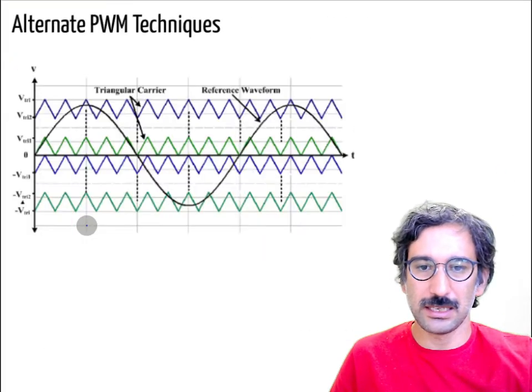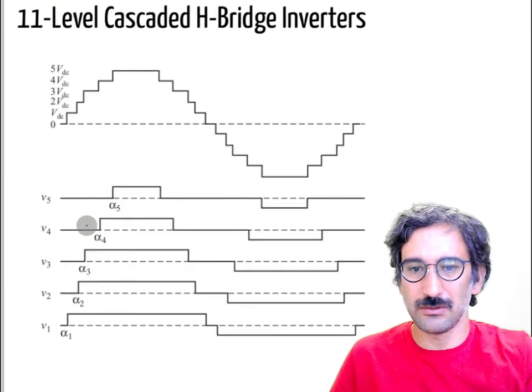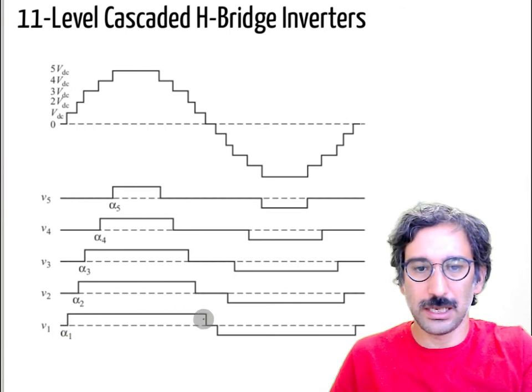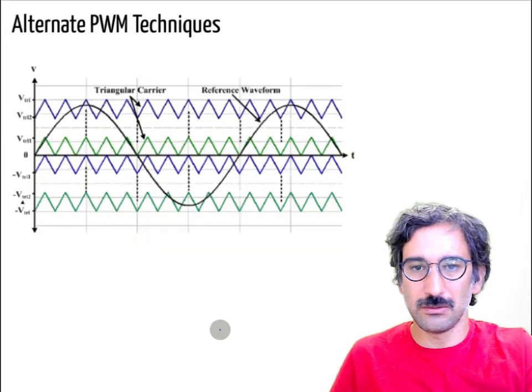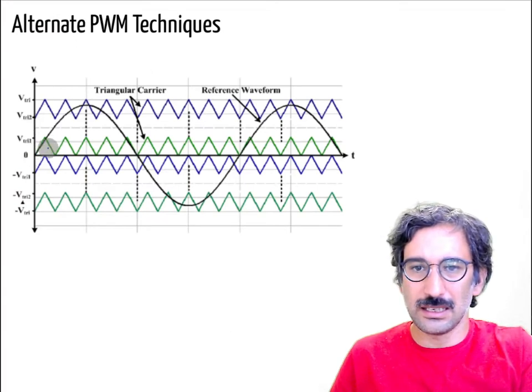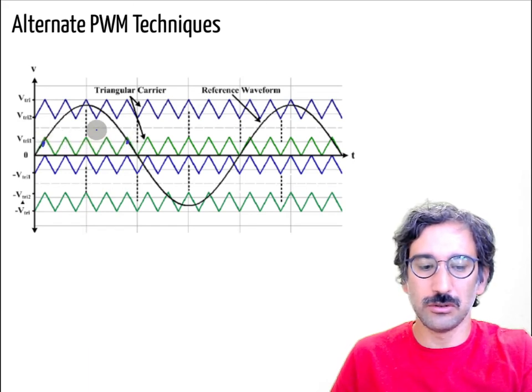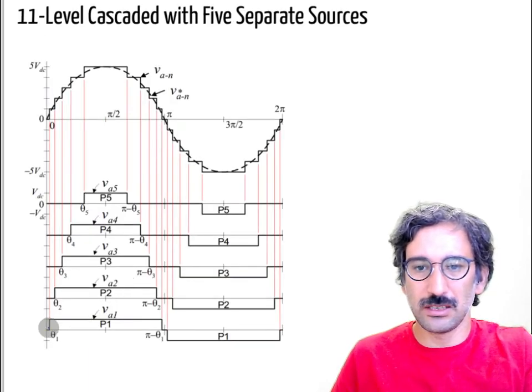So for the base, in this one, our V1, the bottom is our base signal. That one sees a triangular waveform like that. So you compare the required voltage with that one. It turns on, it turns off, so it will stay on for a long time.